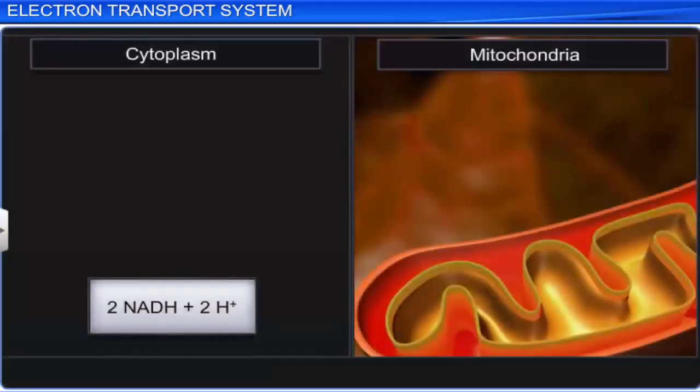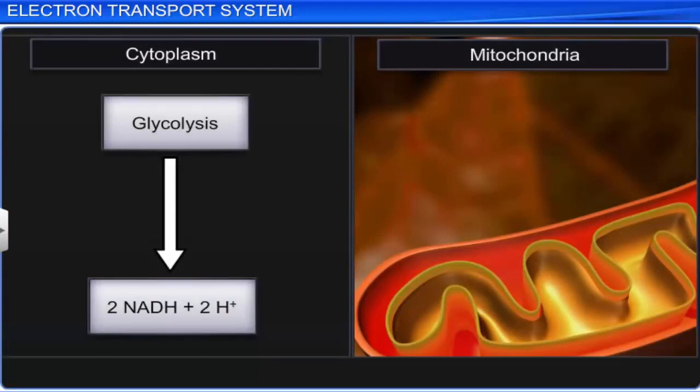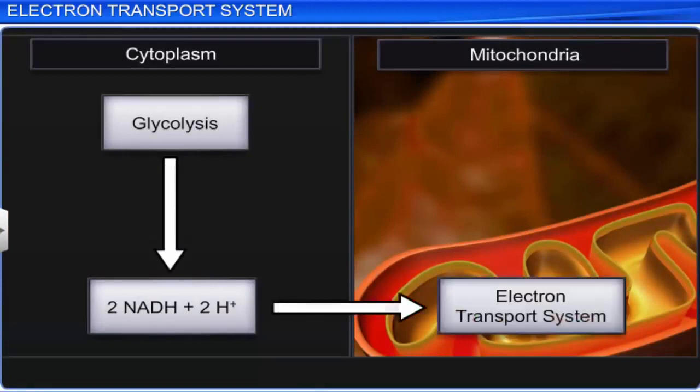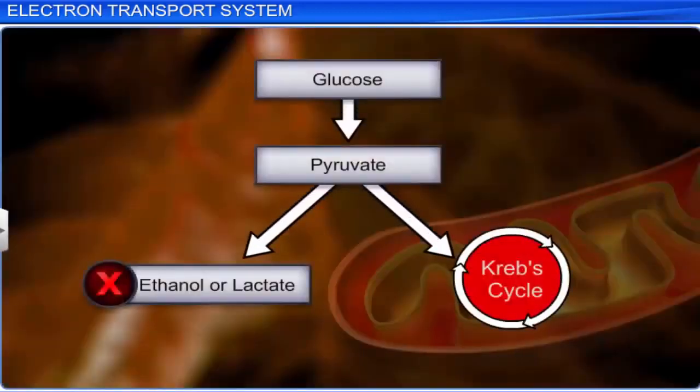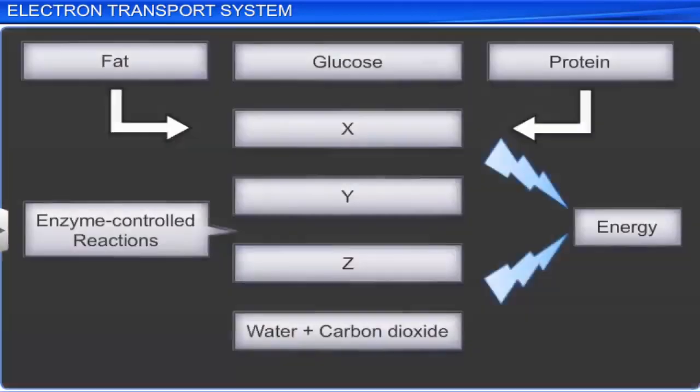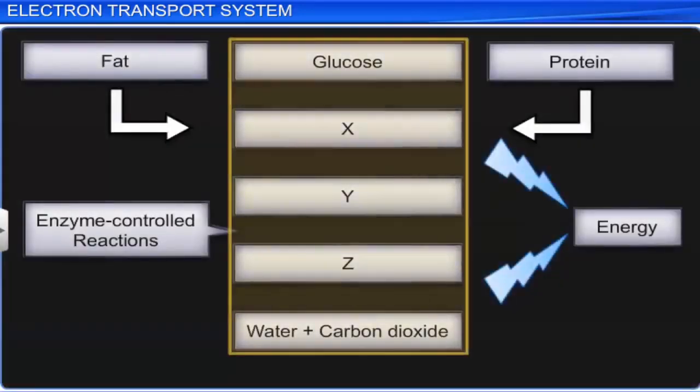NADH plus H plus produced during glycolysis is transported into mitochondria for oxidation. The intermediates formed are not used for synthesis of other compounds, and only the glucose molecule is respired and no other molecule is used as a substrate for respiration.